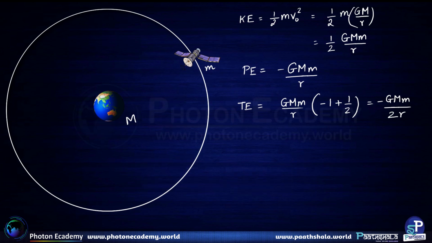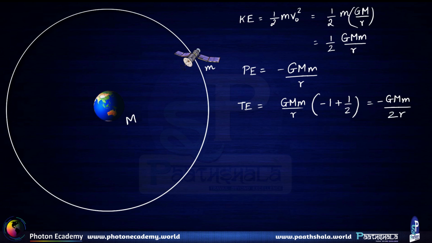Because at infinity we have assumed the potential energy to be zero, and as we move from infinity towards the Earth, the gravitational force of the Earth does positive work. Whenever a conservative force, which gravity happens to be, does positive work, potential energy decreases. So here the potential energy is going to be negative, and hence the total energy is minus GMm upon 2r, which happens to be negative.